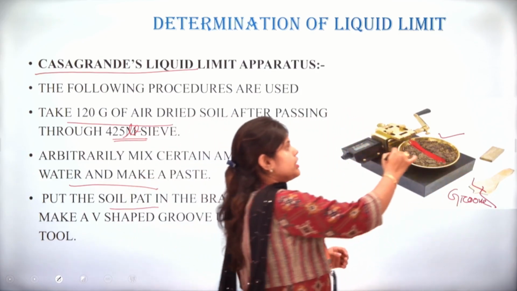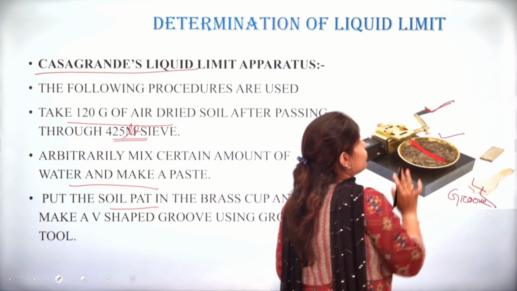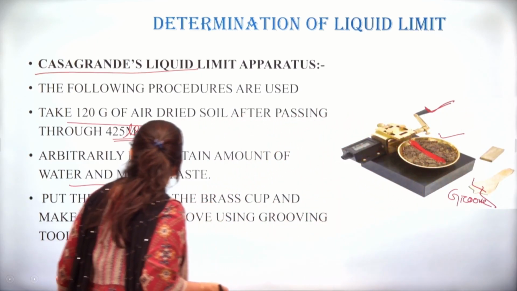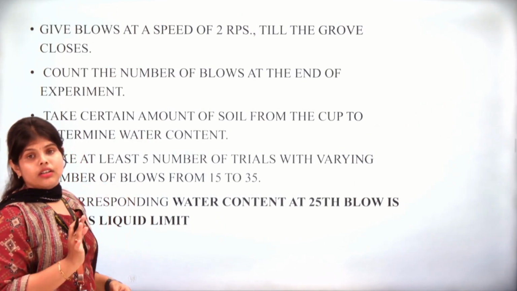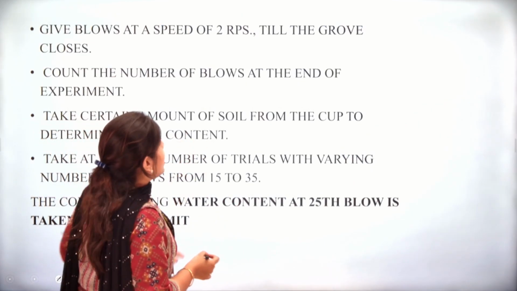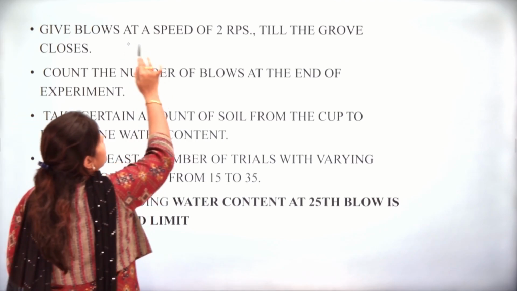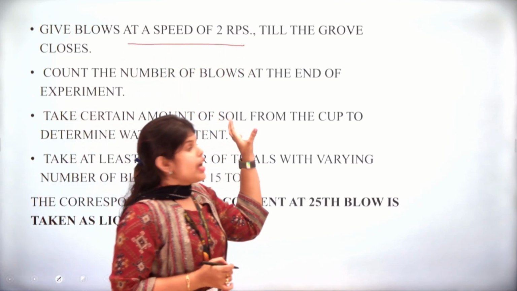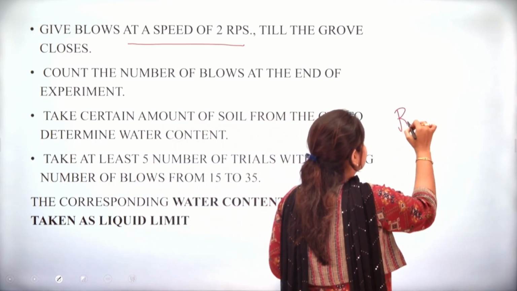Then, using this handle, after we cut it, we start rotating the handle. The handle rotation will be at a speed of 2 RPS. RPS is revolutions per second.